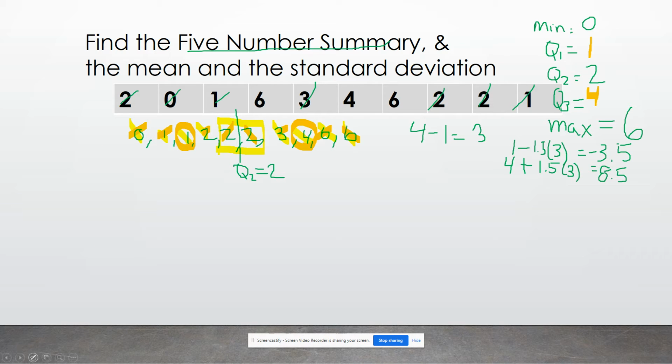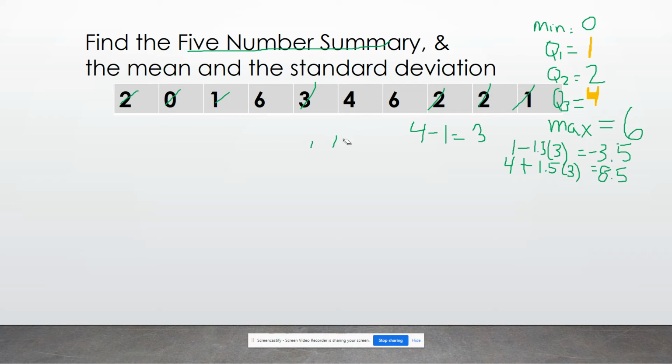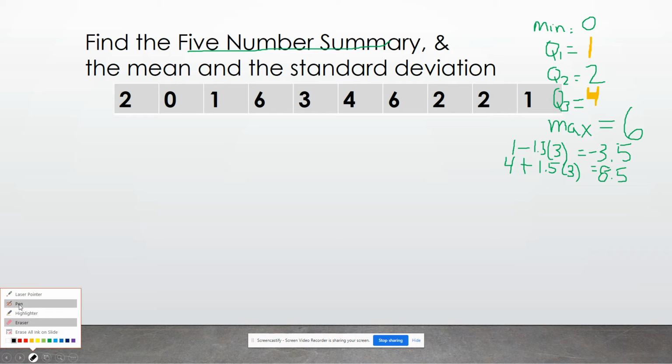Okay, now we're going to go ahead and find the mean. The data doesn't have to be in order, so I'm just going to erase all this so I have a little bit more room to work. The mean is when we add all the numbers together and divide by the number of numbers.